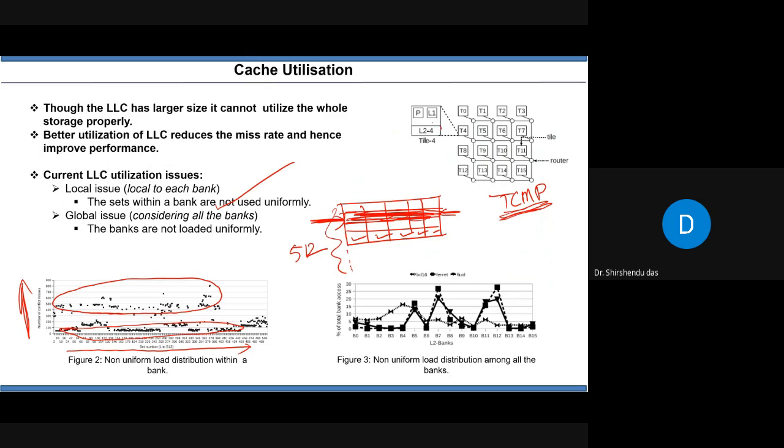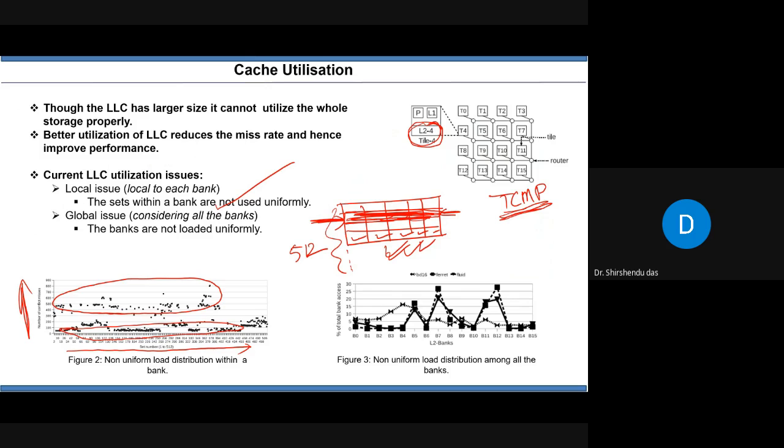Here, you can see this is called a bank, an L2 bank. Each bank is a set associative cache, so whatever I have explained is true for each local bank, and this local utilization issue is possible in each local bank. But what is the global utilization issue? There are 16 L2 banks here, because each tile has an L2 bank.